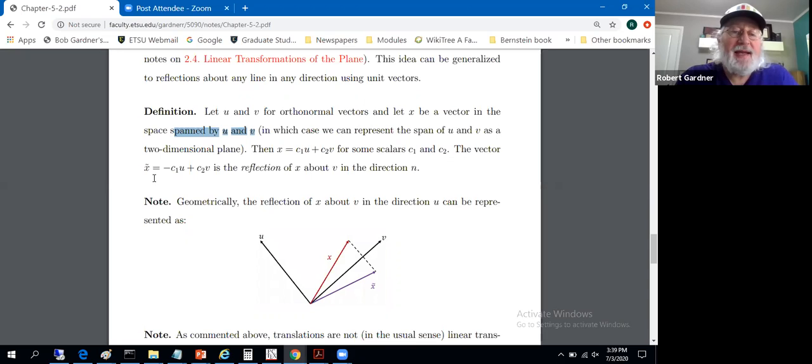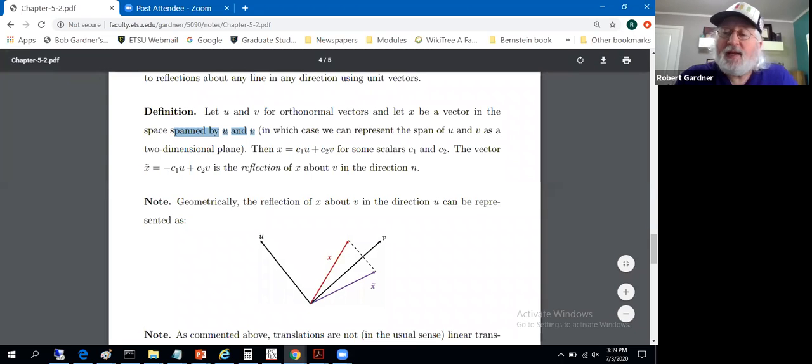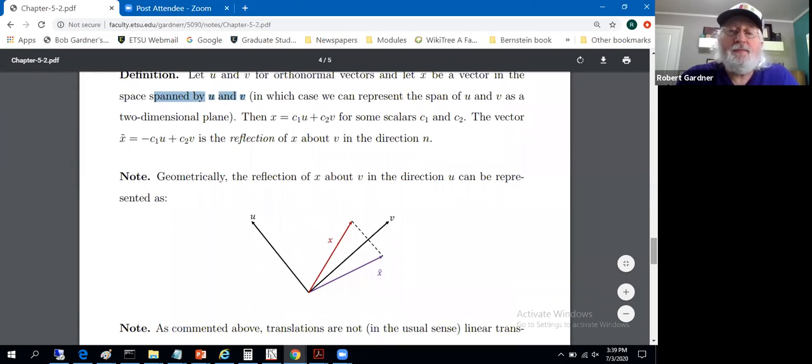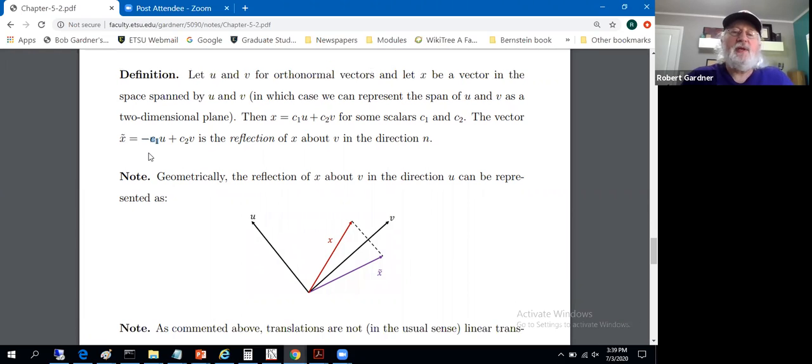We're defining x tilde equals negative c1 u plus c2 v. For x equal to this linear combination of u and v, we're defining x tilde, this linear combination of u and v. We just change the sign of the coefficient of u to be the reflection of x about v in the direction u.